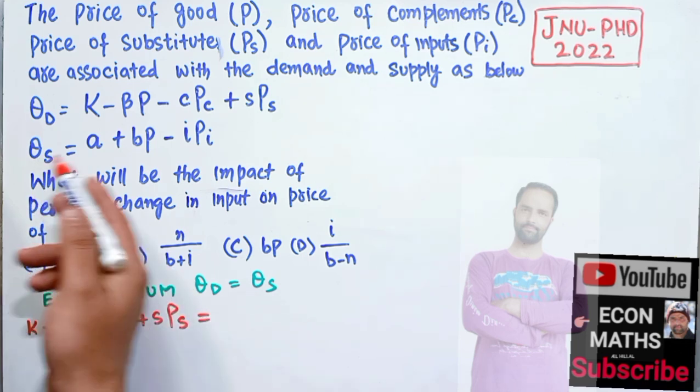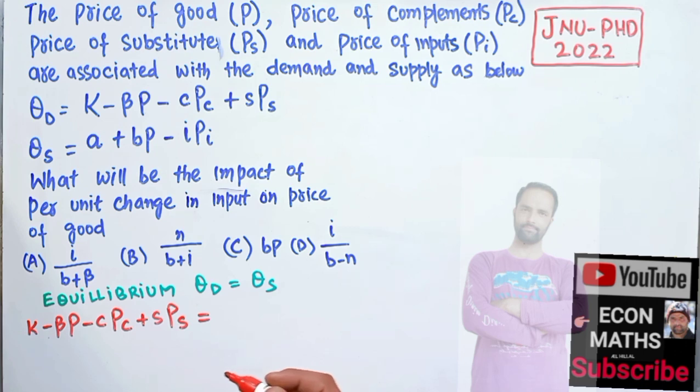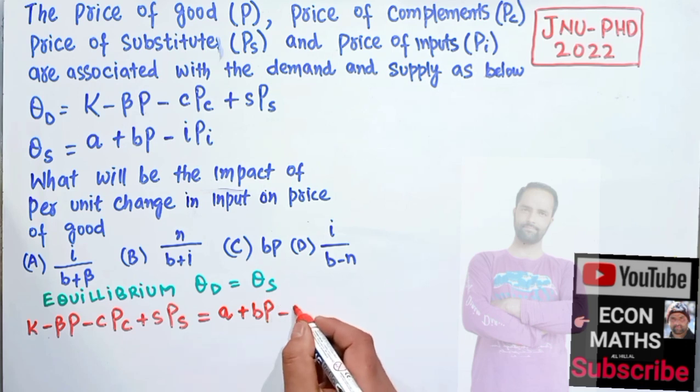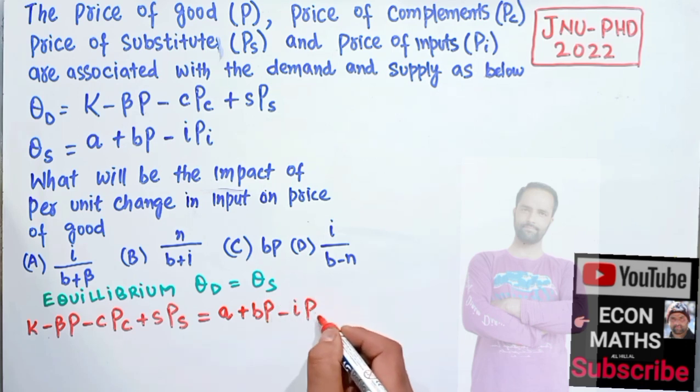It should be equal to the supply, which is given as A plus B times the price of the good, minus I times the price of input. We need to solve this for P. Okay, so we can do one thing here.